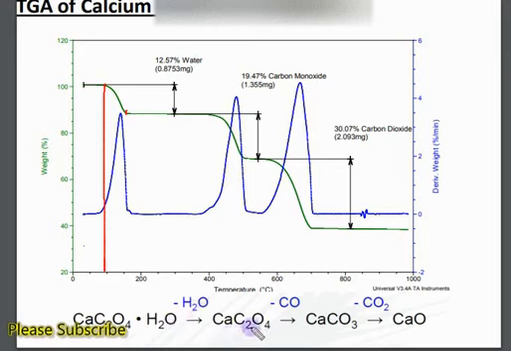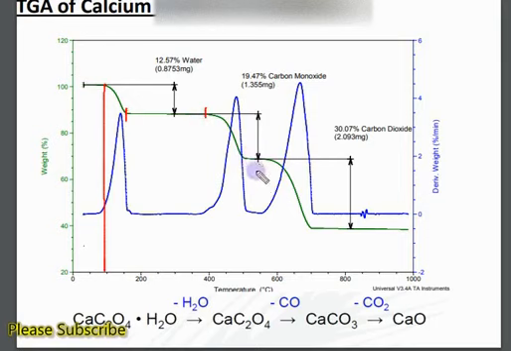From this point up till this point, calcium oxalate is stable, and then calcium oxalate decomposes and carbon monoxide is evaporated. The weight of the carbon monoxide is 1.355 milligram, which is about 19.47% of the total weight.